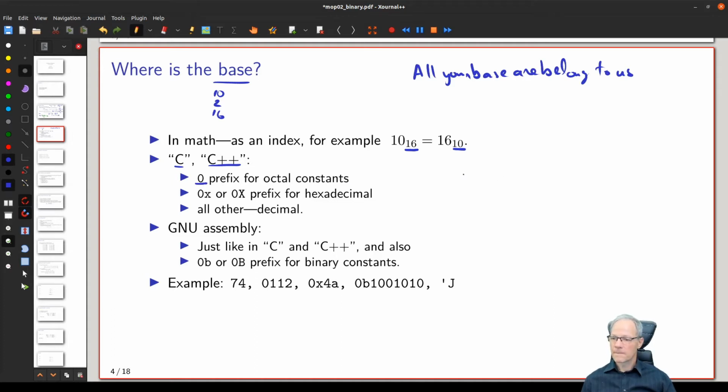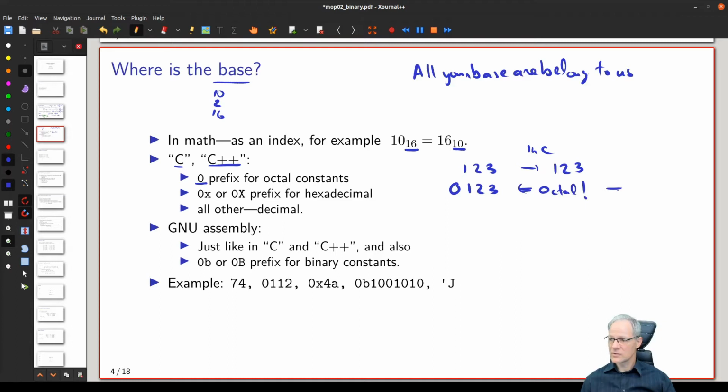So if I have 123, then the value in C is going to be 123. However, if I write 0123, then C is going to consider this as an octal constant, right? So this is octal.